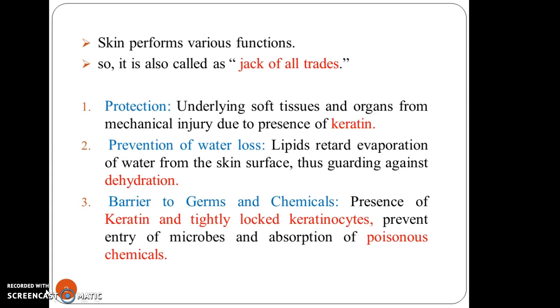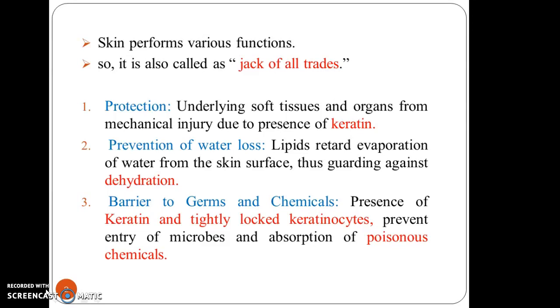Next is the prevention of water loss. Here lipids retard evaporation of water from the skin surface, thus guarding against dehydration as well. So skin is the part which prevents water loss. Next is the barrier to germs and chemicals.